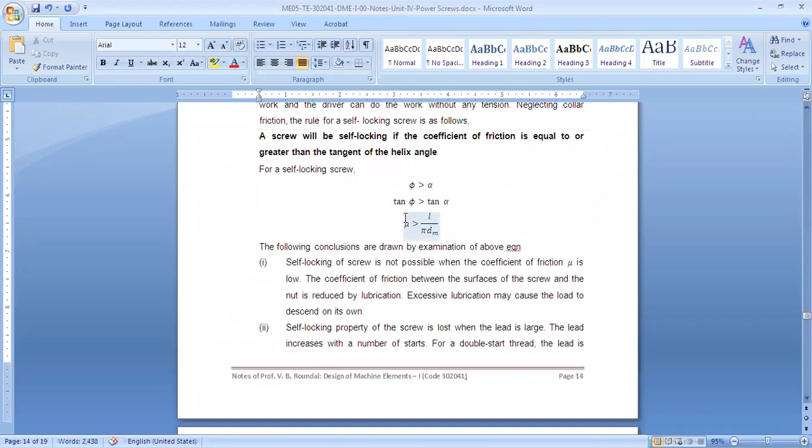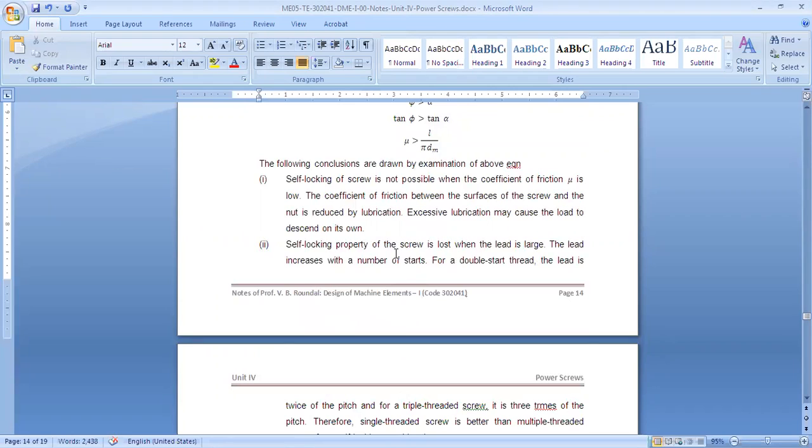Okay, so basically we were saying that for a self-locking screw, your coefficient of friction is greater than tan of the helix angle. Now, an important conclusion: when the coefficient of friction is very low, meaning we put too much lubrication, self-locking is not possible because the coefficient of friction has to be greater than tan of alpha.